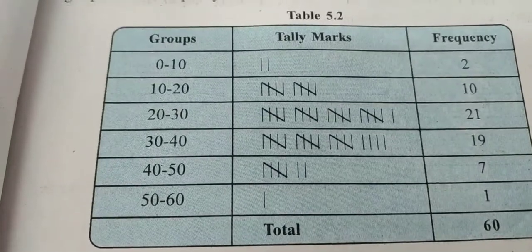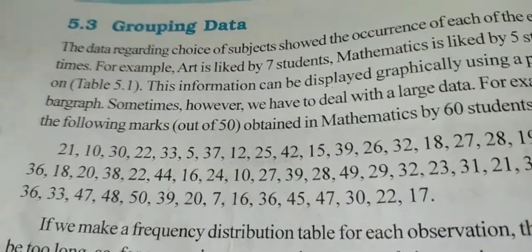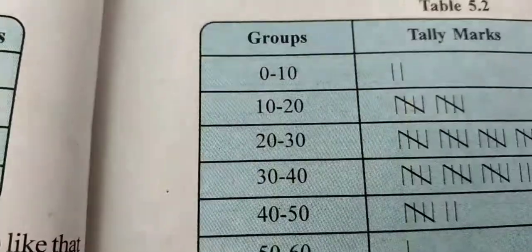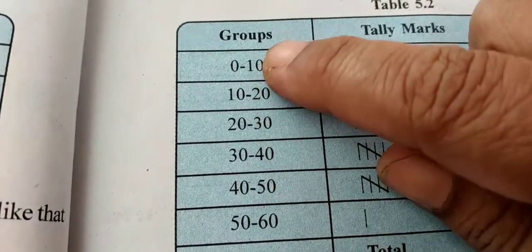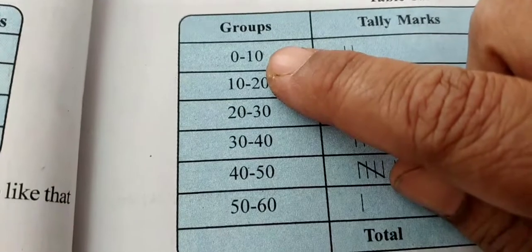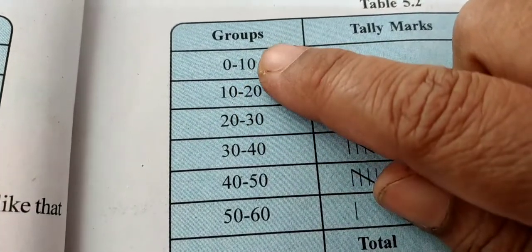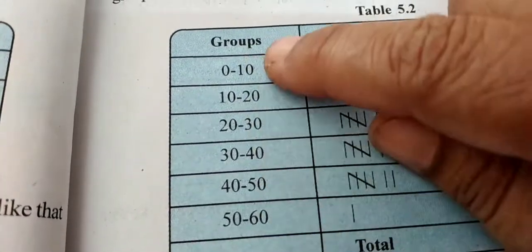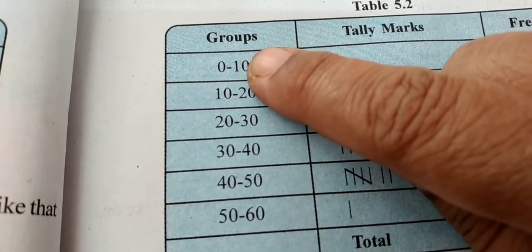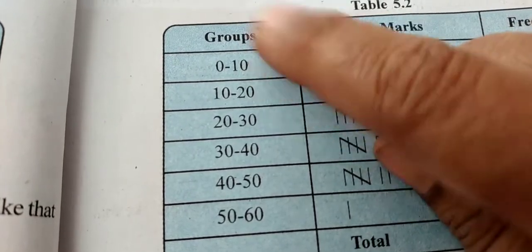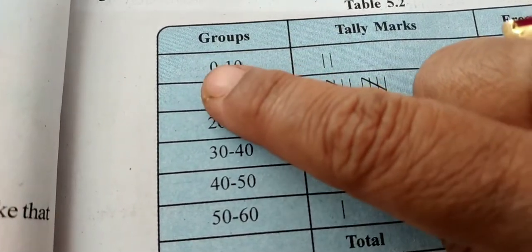Now tally marks. What we are going to see is we are going to check the marks which you have collected of 60 students. Before the tally marks, I would like to tell you, when you are classifying or grouping your data in these continuous groups, the upper boundary point 10 is not included in this class.